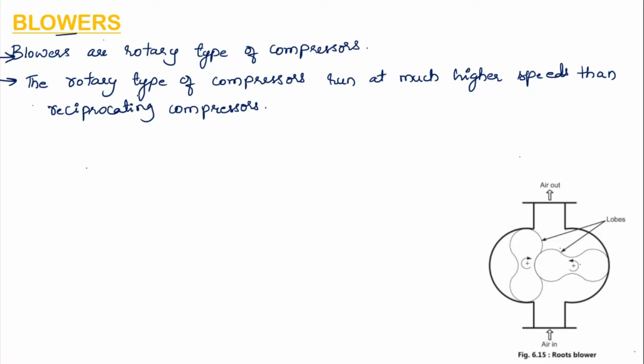So these blowers, that is the rotary type of compressors, are used for supplying large quantities of air at relatively lower pressures.